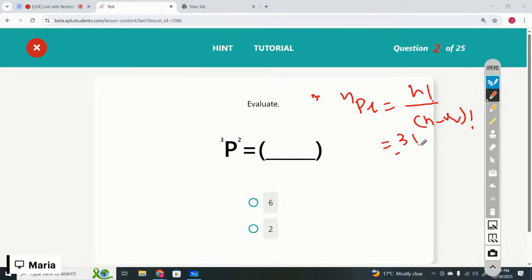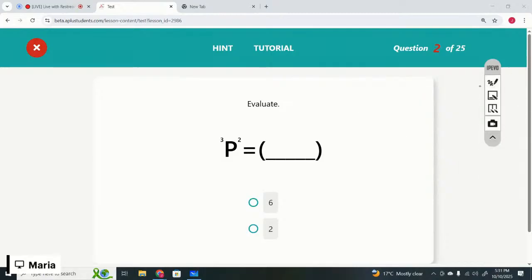That is 3 factorial divided by 3 minus 2 factorial. 3 minus 2 is 1, so that is 6. Option number 1 is the correct option, that is 6.